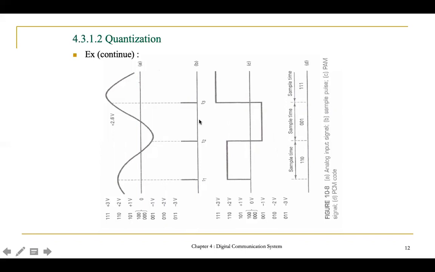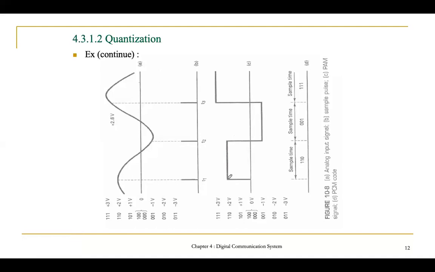From analog signal is converted to PAM first, then only is converted to PCM code. Okay, so if you look at here, this is a flat top sampling. So this is the result of flat top sampling, pulse amplitude modulation, flat top. Okay, so from this, you can get the PCM code.